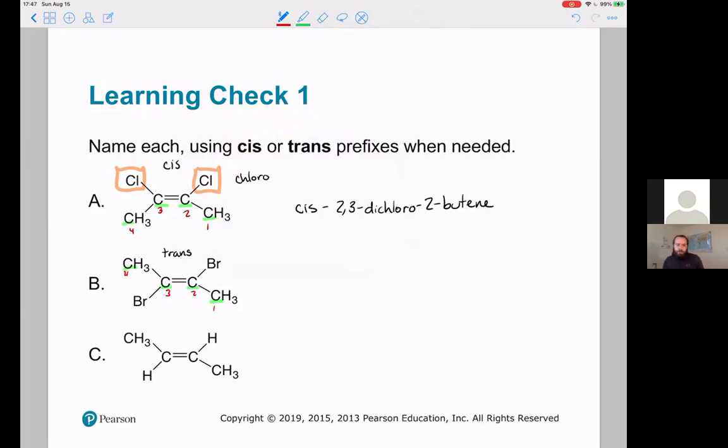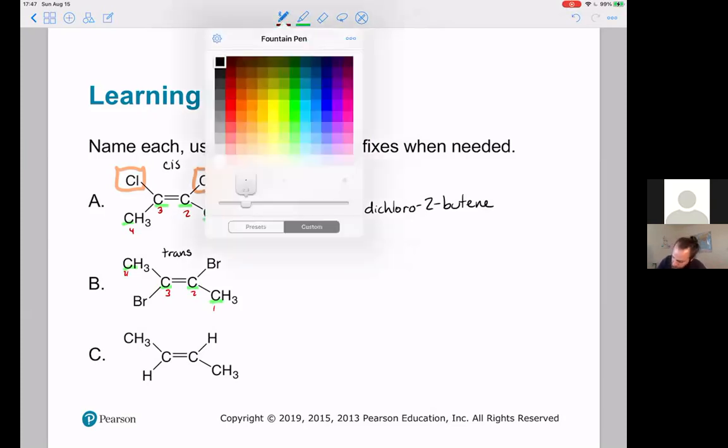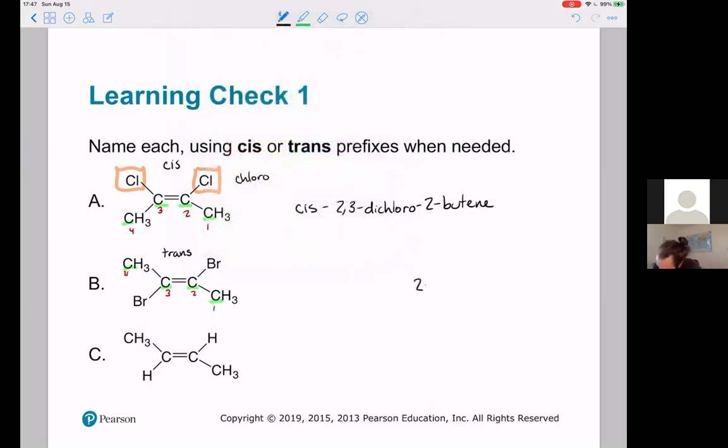You can convince yourself that you'd get the same answer if you numbered left to right. For these particular examples, either direction of numbering would have been exactly the same. So again, my parent chain is a 2-butene, and I have a 2,3-dibromo-2-butene, but then this is a trans-2,3-dibromo-2-butene. And the last one is actually easier than the other ones.